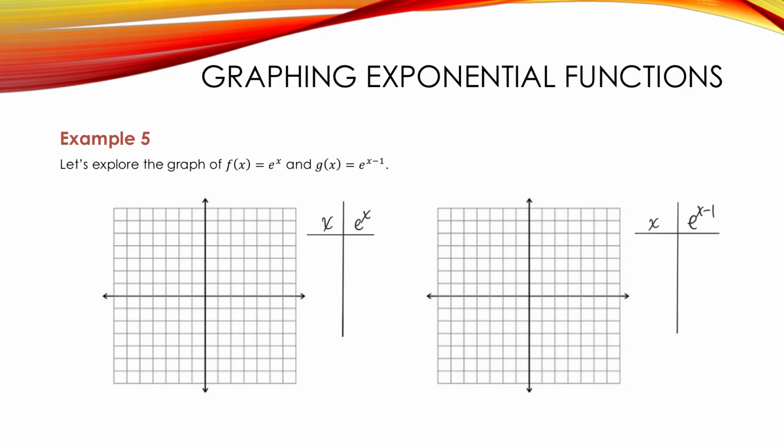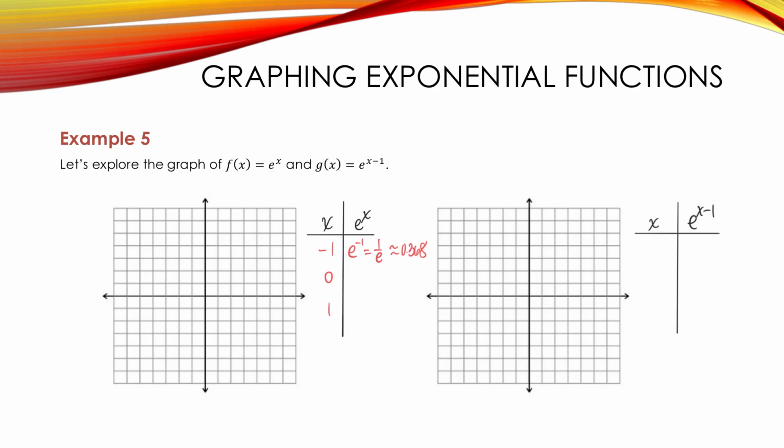So let's see how we evaluate these functions. Let's start with e to the x. Let's plug in some of those same points that we saw defined earlier. Negative 1, 0, and 1. When I plug in negative 1, I get e to the negative 1, which is about 0.368. Let me write it out here for you, it is 1 over e, which is about 0.368.